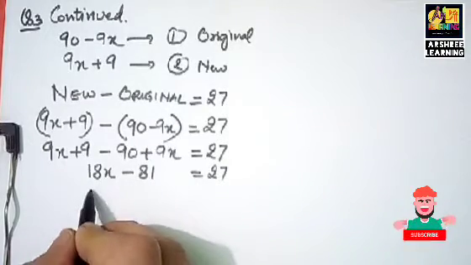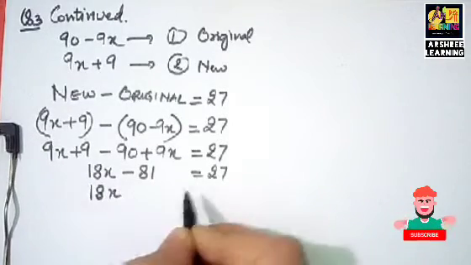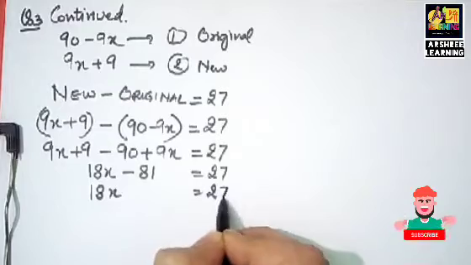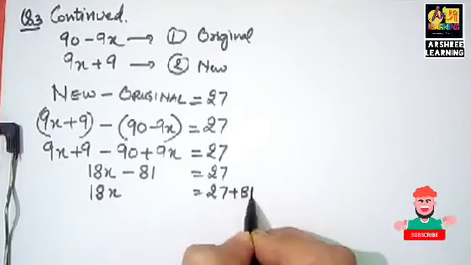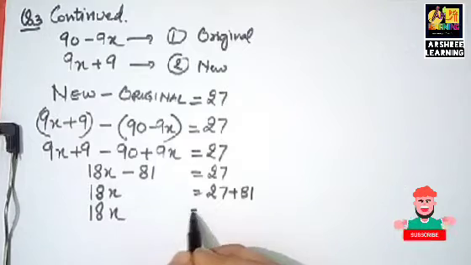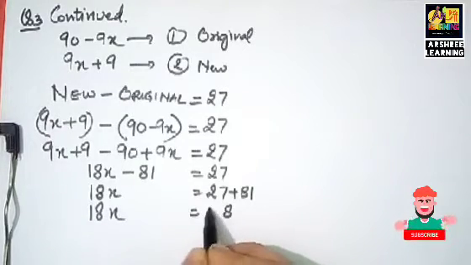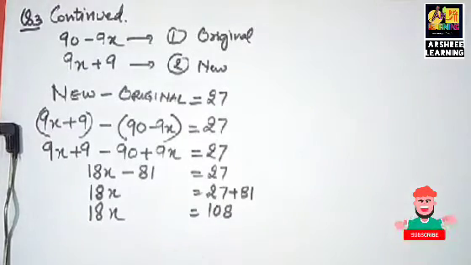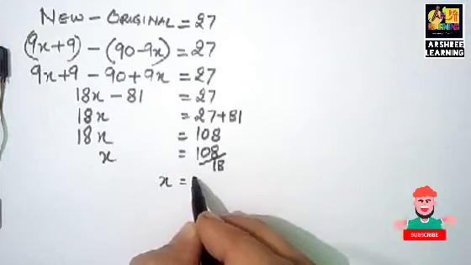When you solve, it will give you the value of x. 18x is equal to 27 plus 81, and 18x is equal to 108, and x is equal to 108 upon 18, which gives x is equal to 6.